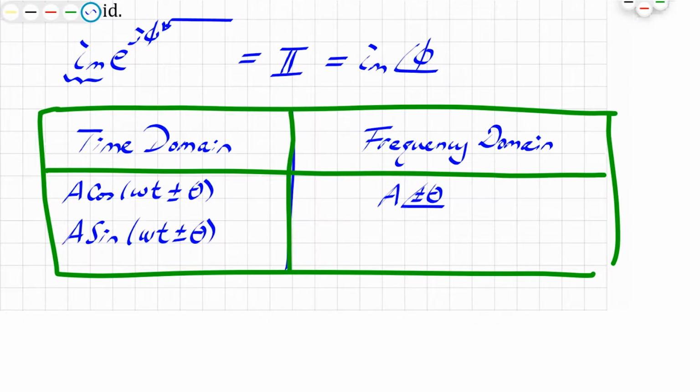So after we convert to a cosine function, we end up with the same amplitude, of course, but the phase angle would be whatever the original phase angle is, minus 90 degrees. The minus 90 degrees comes from the conversion from sine to cosine.